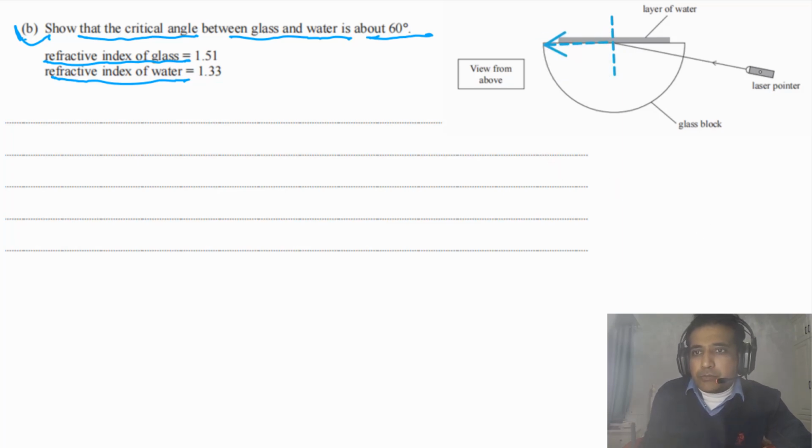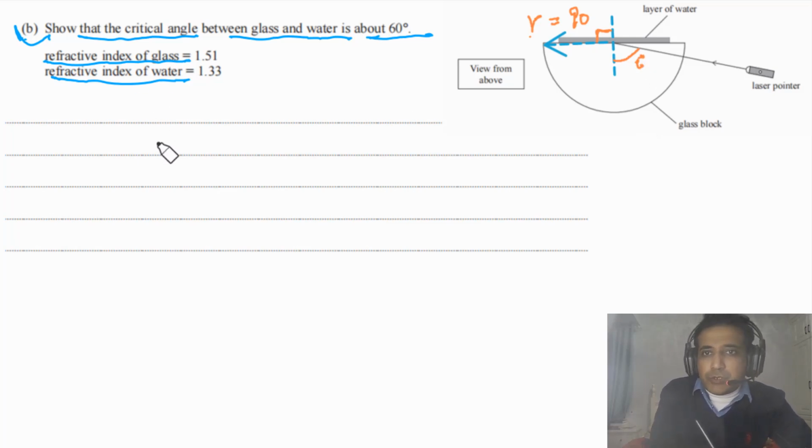This angle with the normal has to be 90 degrees. So this is our angle of refraction, and this angle of incidence we call the critical angle.